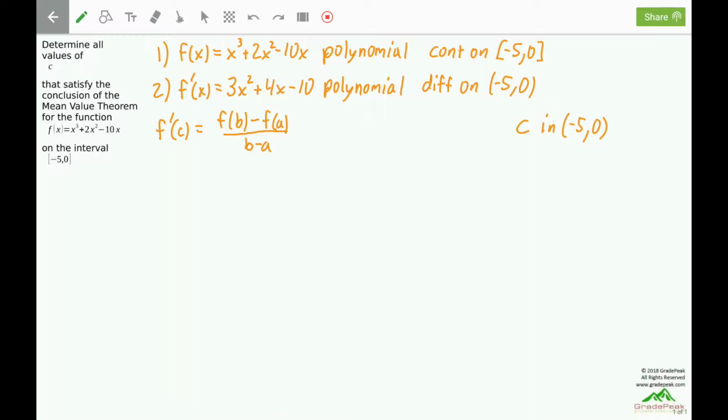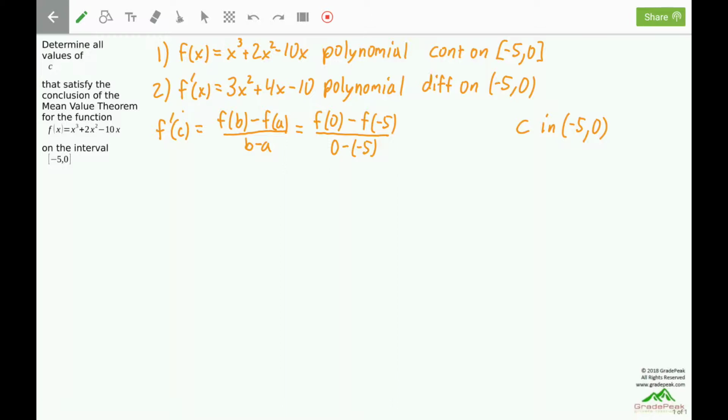In this problem, the interval is -5 to 0. The left endpoint a is -5 and the right endpoint b is 0. So the right side can be written as f of 0 minus f of -5 divided by 0 minus -5.